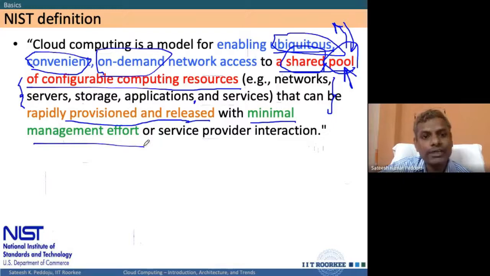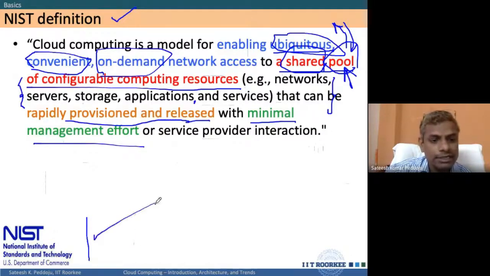You don't need to worry about anything. All the server creation is taken care of by your cloud provider. You just plug in, use it, and return it. Such a simple method. That's the definition of cloud, which is defined by the standards institute NIST, the National Institute of Standards and Technology.